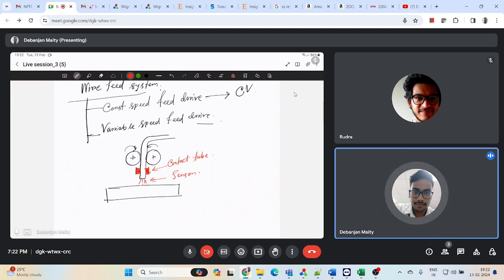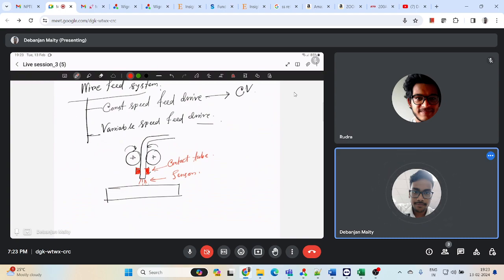And the fluctuation in your arc length, whatever the reason is, because the electrode is melting at some rate, and because of that, always you will have those changes in the arc length, and that fluctuation in arc length is compensated by either increasing or decreasing your electrode feed rate, and that electrode feed rate is controlled by regulating the speed of feed rollers, which are powered by some kind of motor, right?